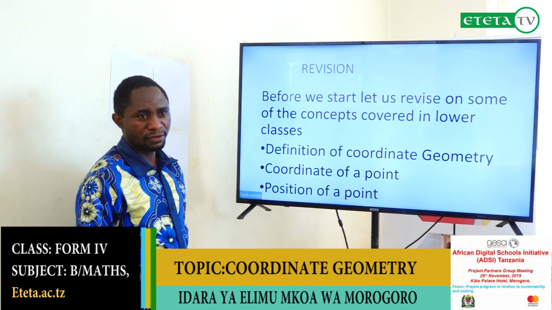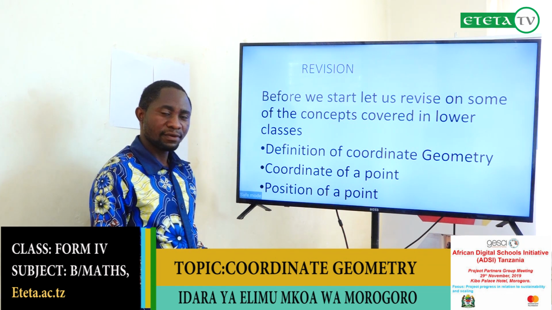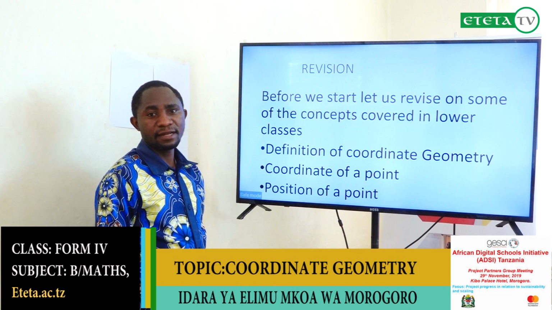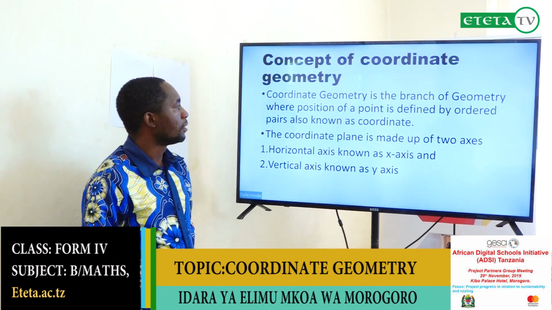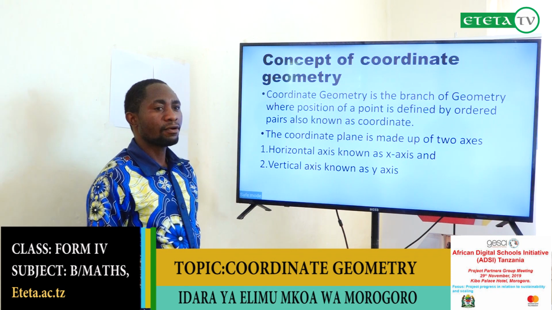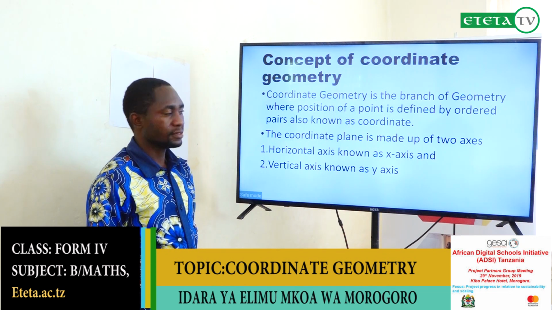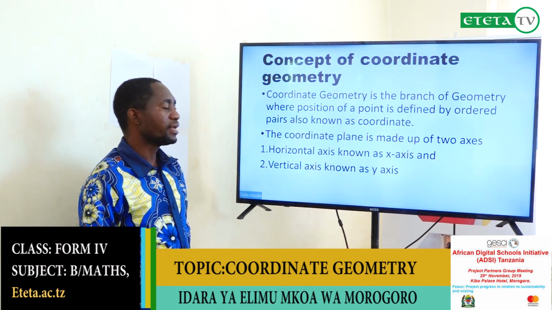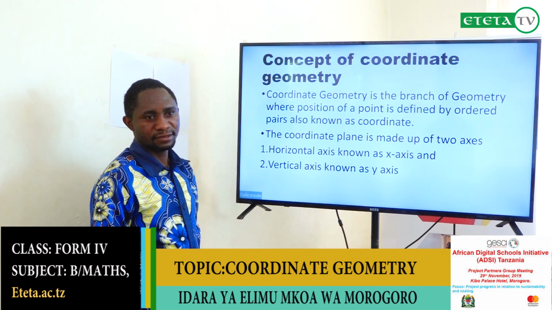Now, coordinate geometry, as you remember, is defined as the branch of geometry where a position of a point is defined by ordered pair known as coordinates. The coordinate plane is made up of two axes.